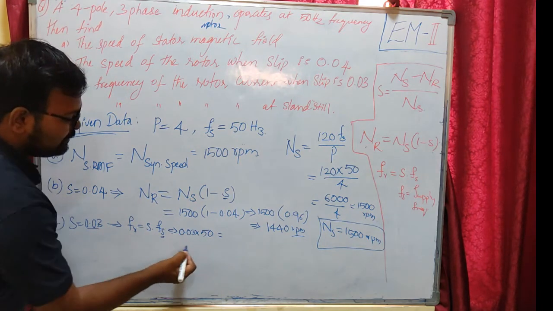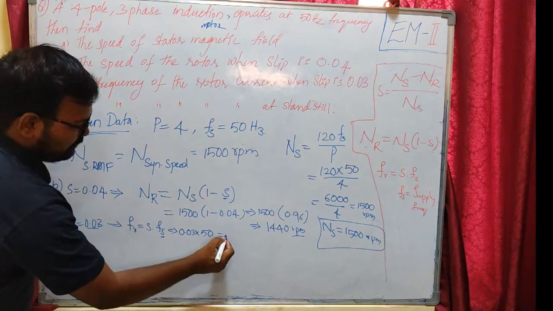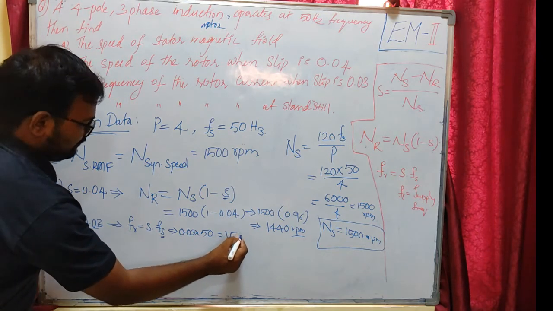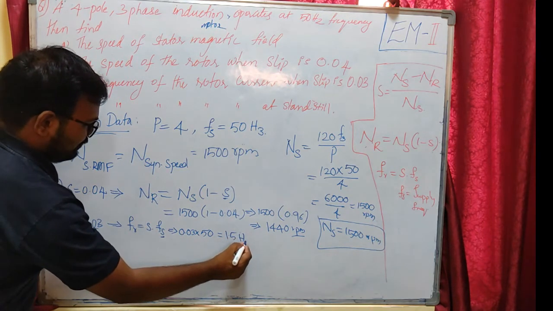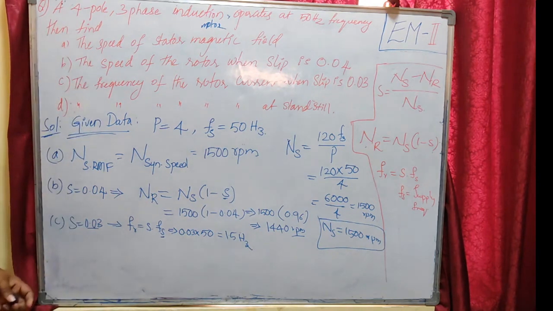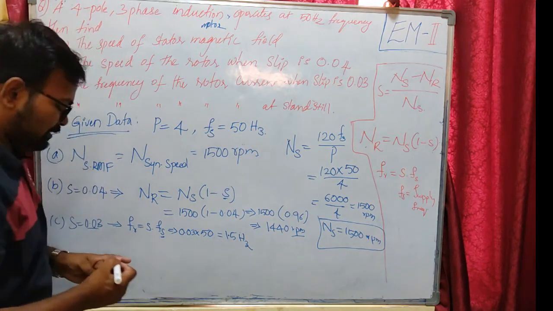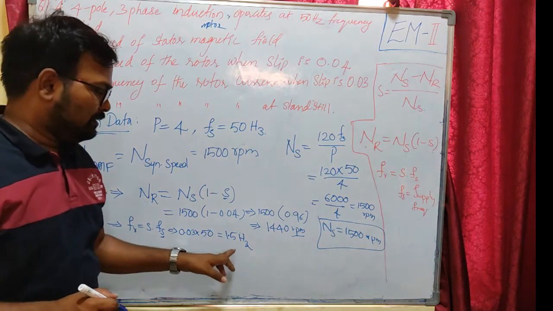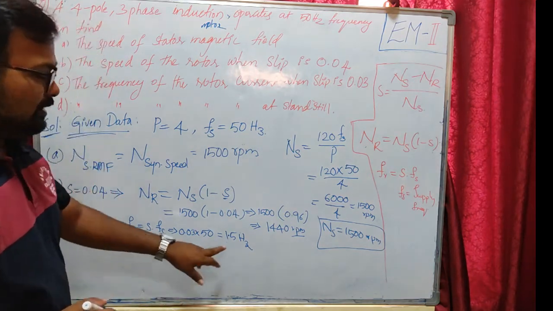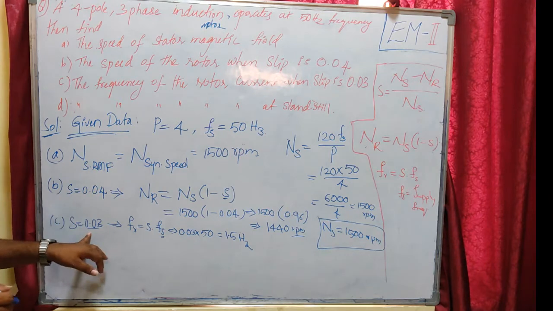So what will be the answer? Which is 1.5 Hz. 0.03 into 50 is 1.5 Hz. This is the frequency of the rotor when the slip is 0.03.